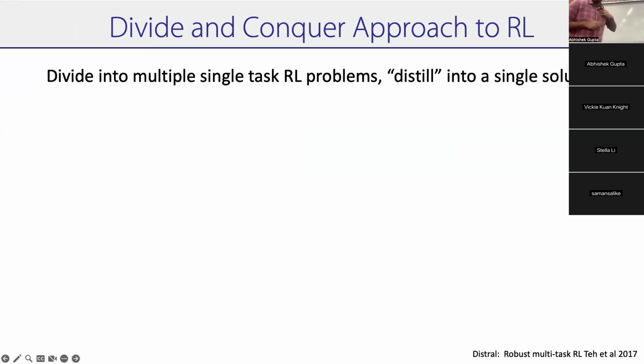Okay, so there's a divide and conquer approach to multitask RL. Essentially it's saying that imagine you had a bunch of different tasks or even a bunch of different initial conditions. What you're going to try and do is learn experts for different initial conditions with single task RL, and then distill them into a single expert with multitask supervised learning.